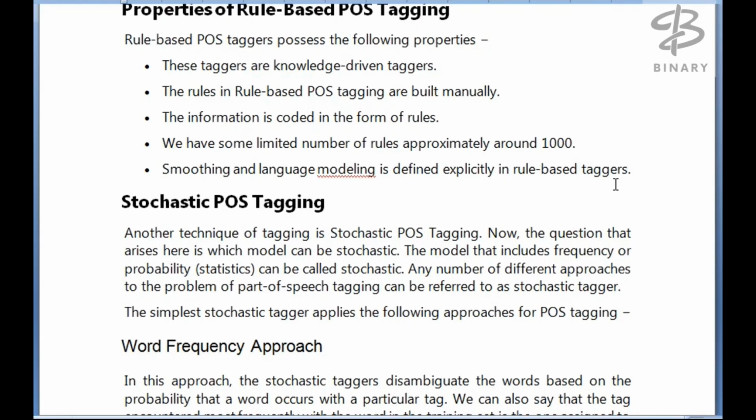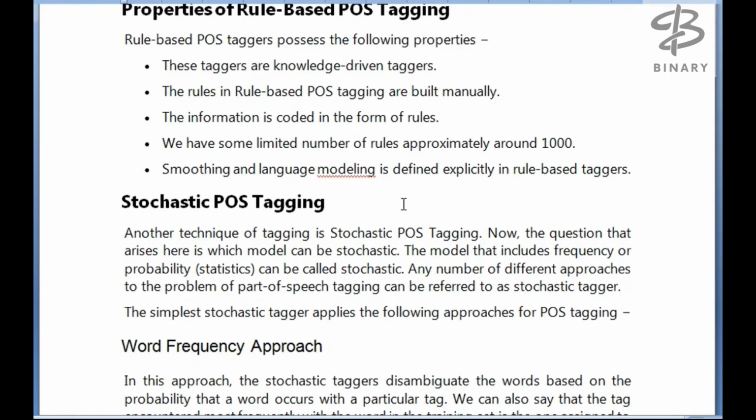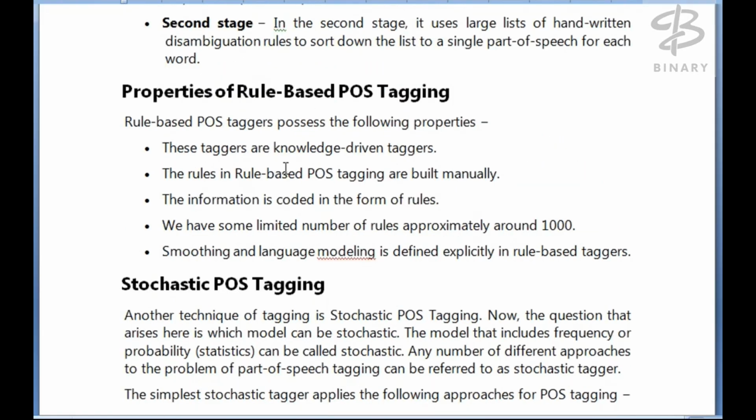So you have seen how we can apply smoothing and what models are there. These are the basic things. For applying rule-based tagging, it must be knowledge-driven, built manually, and coded in the form of rules. We have thousands of rules, and then we apply them.